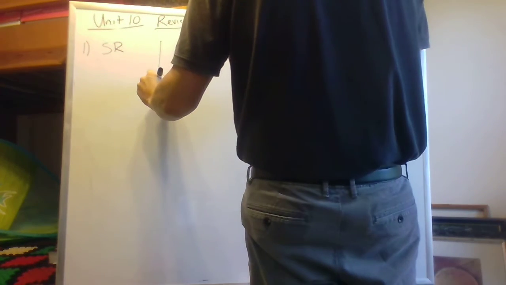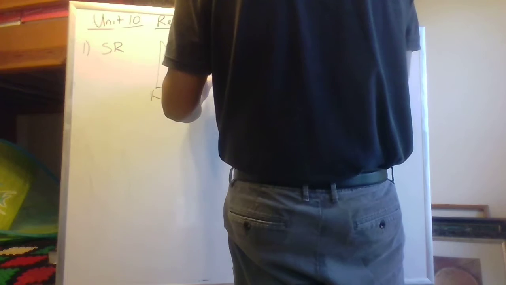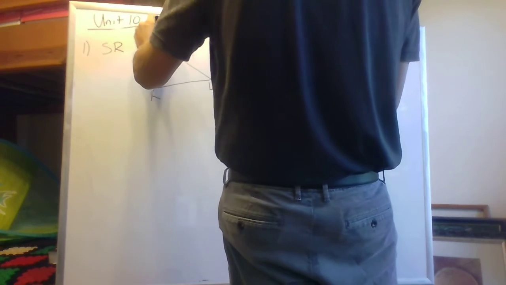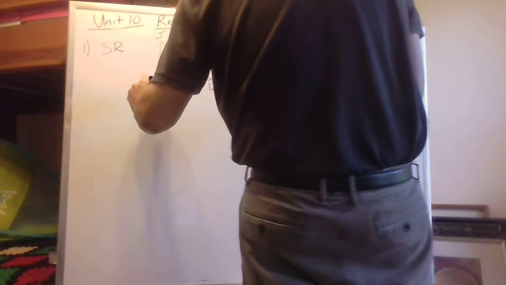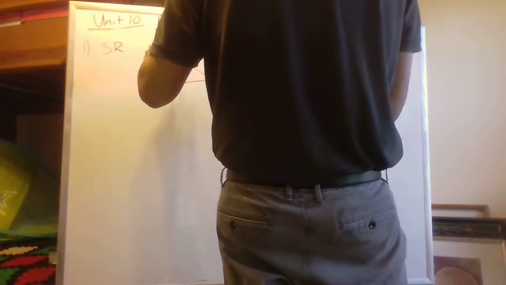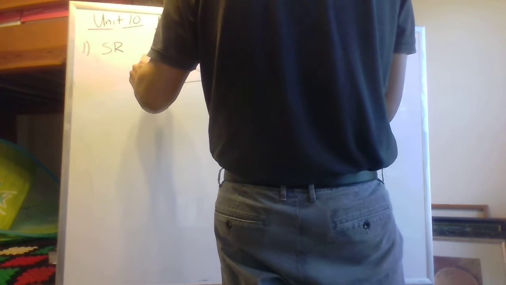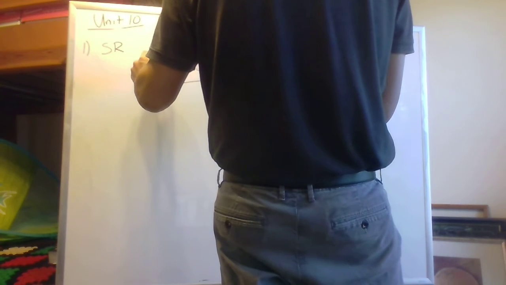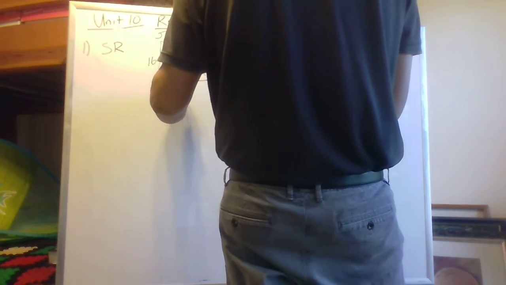So we have these two triangles, K, L, and J. And it's 87 degrees at angle K. And then we have 16 for side JK and 12 for LM.